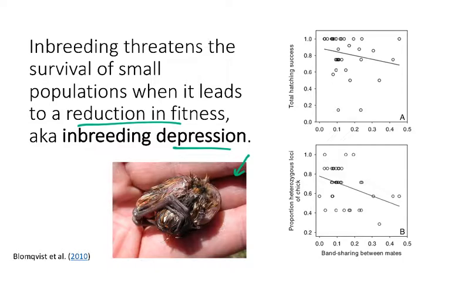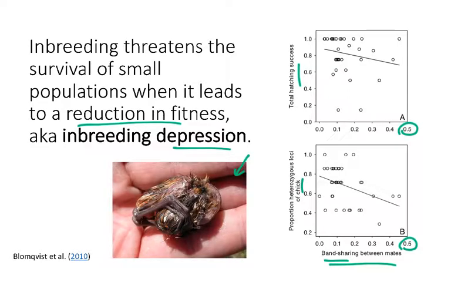So these two graphs on the right here are showing correlations between several different metrics and the relatedness of the parents. Band sharing is the way they were quantifying relatedness. 0.5 here on the far right hand side is higher relatedness of the parents.